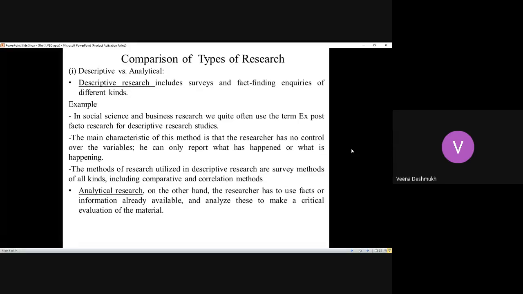So you take already available data and analyze it to make a critical evaluation for a specific parameter. So this is the analytical research, which involves a lot of analysis of the data available.